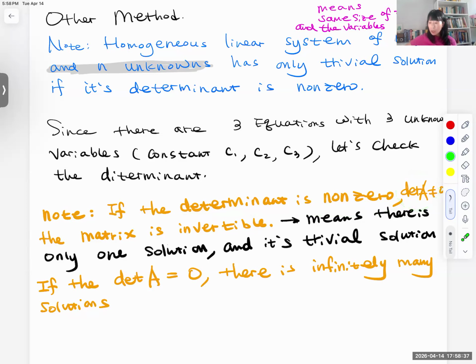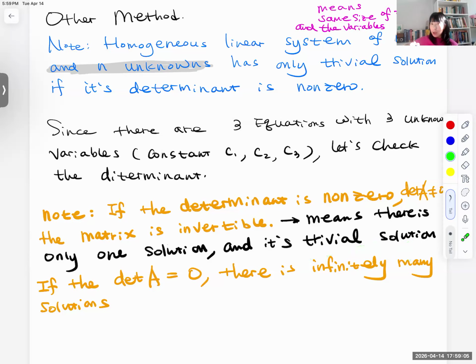So c sub 1 equal to 0, c sub 2 equal to 0, c sub 3 equal to 0, right? What about the other way? If the determinant of A equals 0, then there are infinitely many solutions. That means c sub 1 equal to 2, c sub 2 equal to whatever number, c sub 3 equal to whatever number, right? Yeah. There are infinitely many solutions. Yeah. Okay.